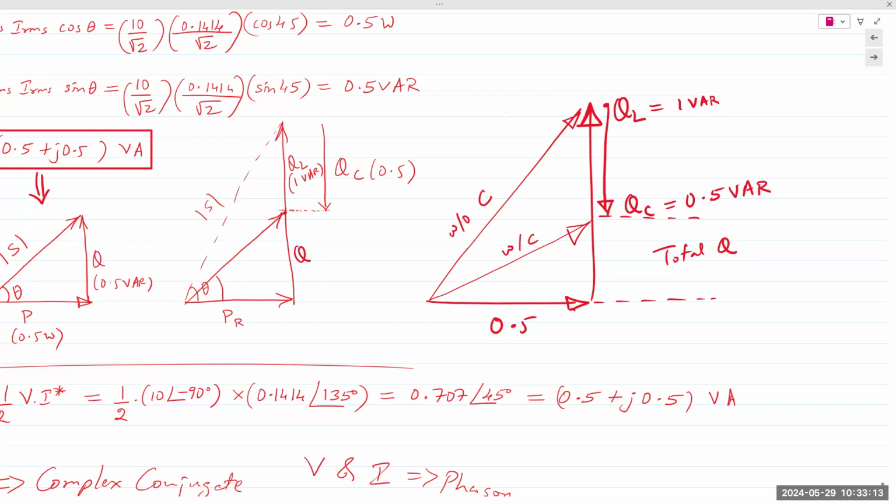Remember, when the switch is flipped, the source supplies all of that energy, 1 VAR. But after it reaches steady state, after the source supplies 1 VAR for the first cycle, the capacitor absorbs half of it and then supplies half of that power from that point on. So after it reaches steady state, the source only has to supply 0.5 and not the full 1 VAR. So the source requirements are now less.